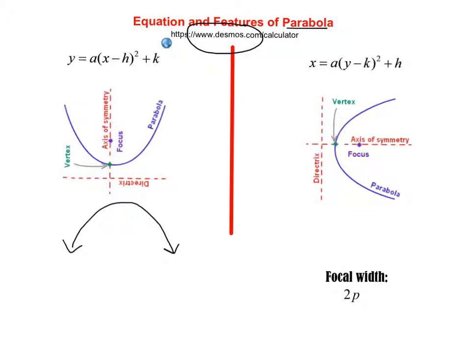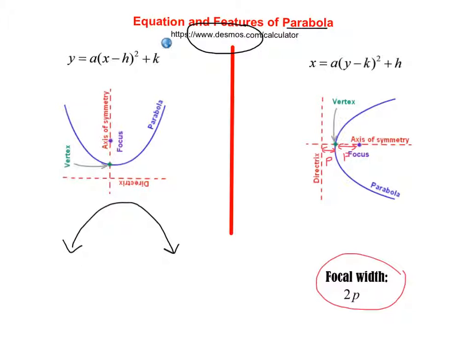Focal width. You see it's written down here, first of all. It is 2p. First of all, let me define p for you. P is that distance between the directrix and focus, the directrix and vertex, and the vertex and focus. We said it's always going to be equidistant, so we call that distance p.